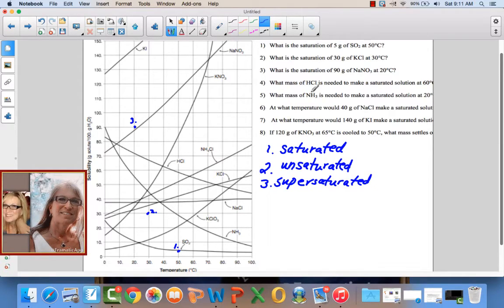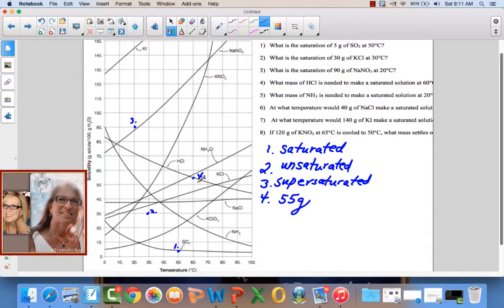What mass of HCl is needed to make a saturated solution at 60 degrees? So I'm going to go to 60 degrees. It has to be saturated, so it has to be right on the HCl line. So there's my point. And I'm going to go across and I'm going to read the grams on that, and that's about 55 grams.